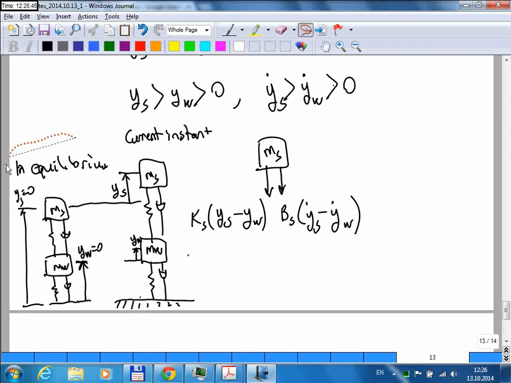So if you consider this equilibrium, there's a spring force here that balances the weight of this thing here, and the spring force here balances the weight of this entire structure. But by taking these to be zero, I'm assuming the following. The equilibrium values are different than zero, but there's also the weight. And when you write the equations for the equilibrium, the weight terms are cancelled by the equilibrium values of these springs, and hence I can take the equilibrium values to be zero. If that makes any sense.